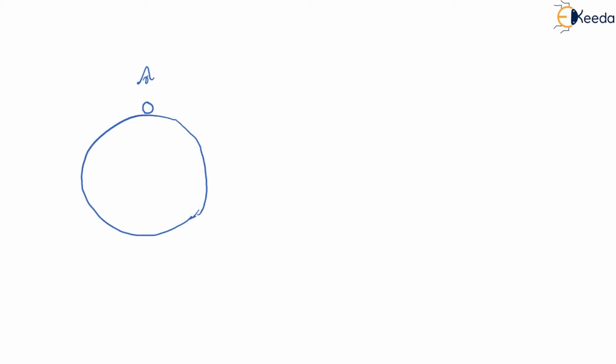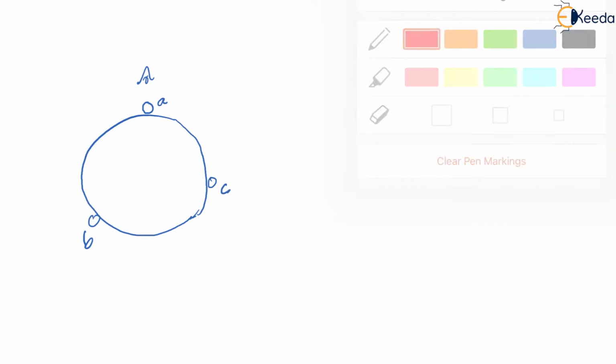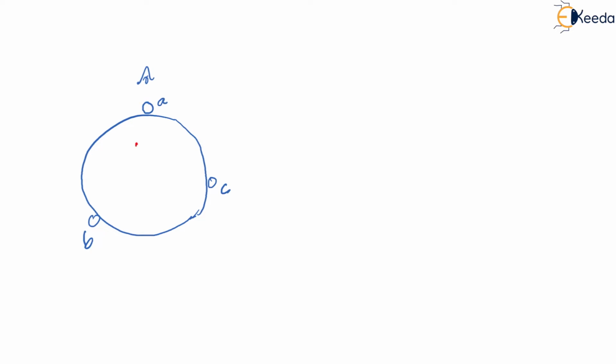So this is conductor A, 120 degrees after that you get conductor B, and 120 degrees after that you get conductor C. If it is a two pole machine, this is the rotor on which the field winding is there. For example, this is the north pole and this is the south pole of the rotor.